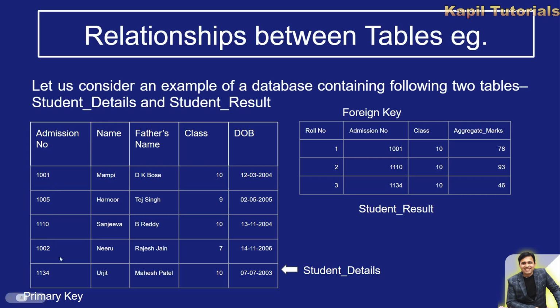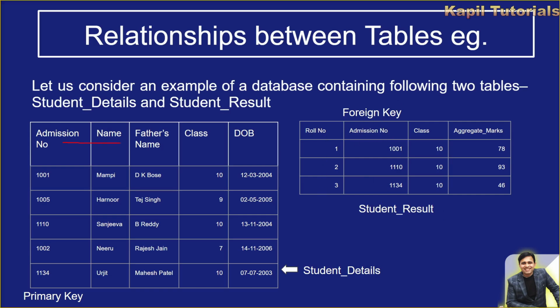I had made a primary key for this column, admission number 1001, 1005, 1110, and another table which is student result. Here roll number is the primary key, but admission number is a foreign key because this admission number is present in both the tables. So it will act as a foreign key here.